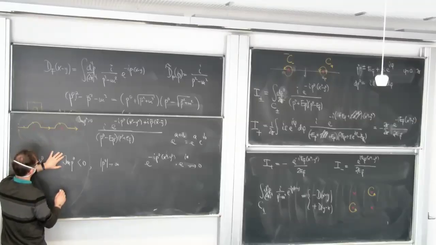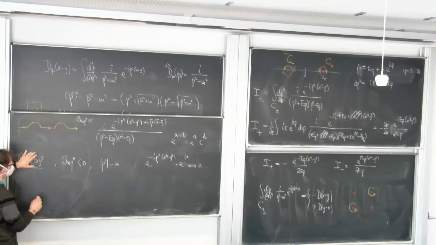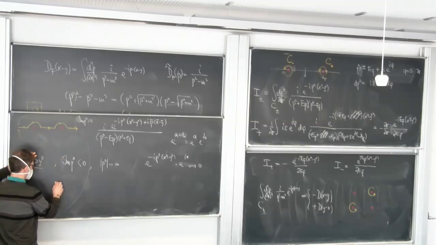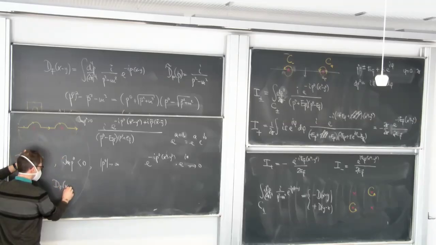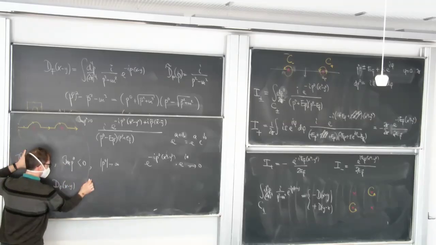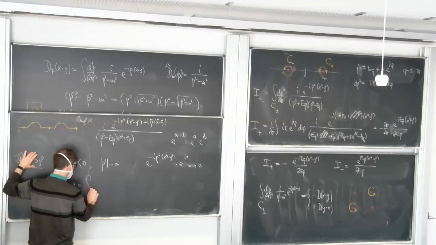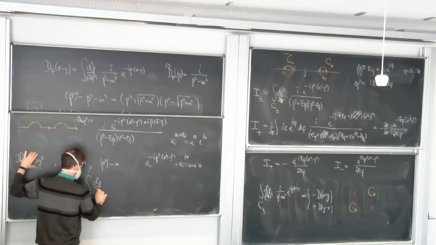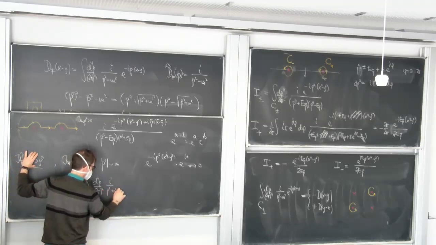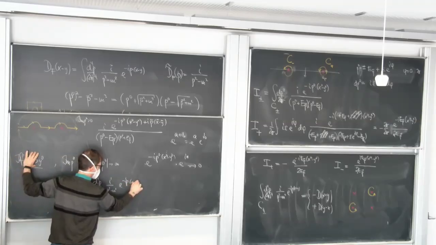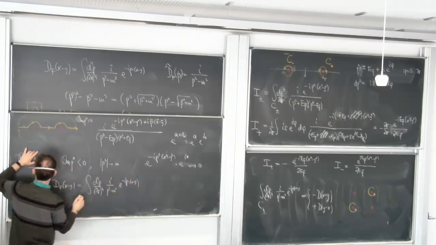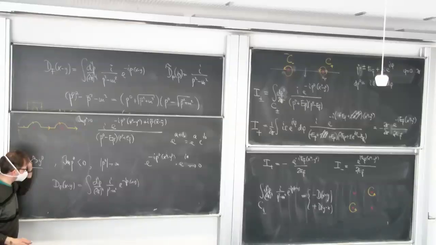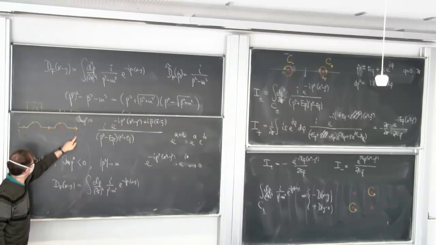In this case, we're always computing the integral by definition, given by this. And we have decided to go above. That's what we decided. And if this condition is satisfied, then we can continue the contour around here.